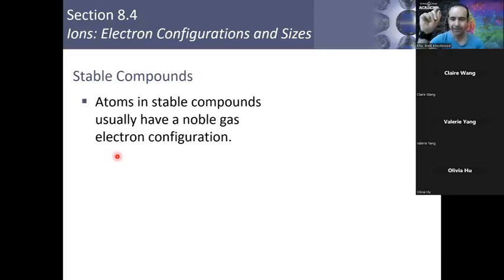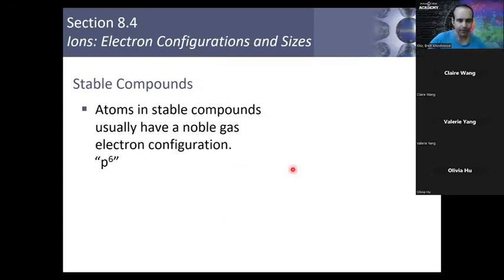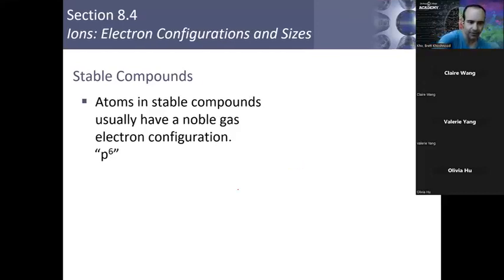Maybe like the last term. Right? It involved being in the P zone. And if our P zone was fully filled up, then we would achieve peak stability. So I'll probably draw this out for you guys. So P6, remember, it looks something like this.